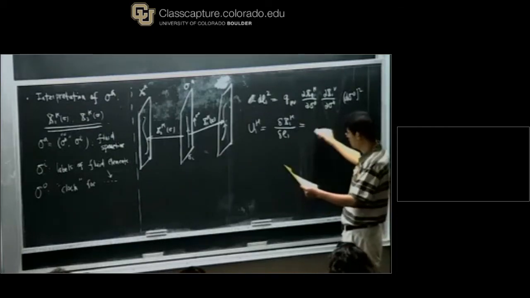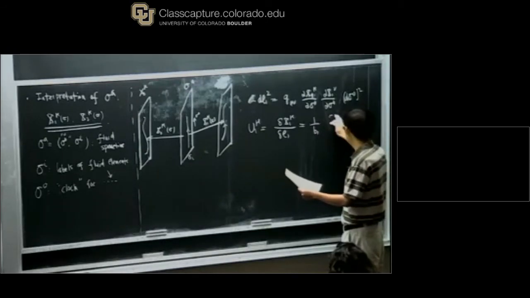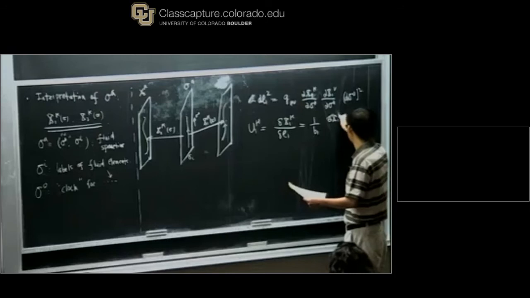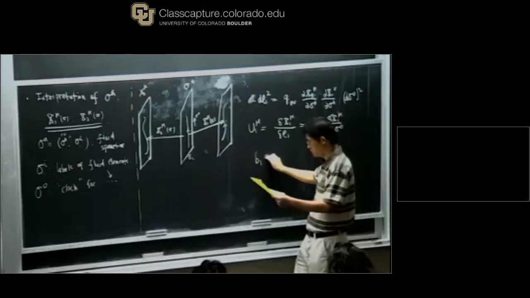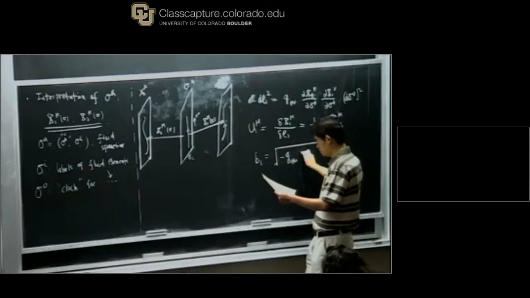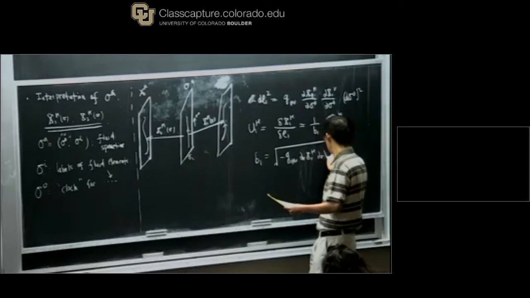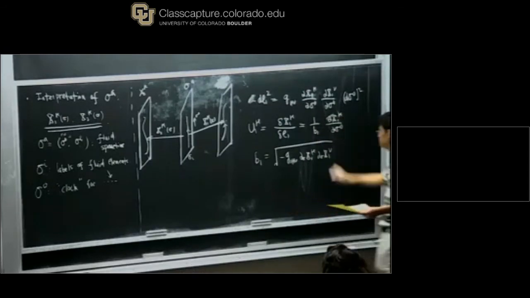So this is the same as b1 times partial X1 mu partial sigma 0, where b1 is defined to be the square root of minus g mu nu partial sigma 0 X1 mu partial sigma 0 X1 nu.